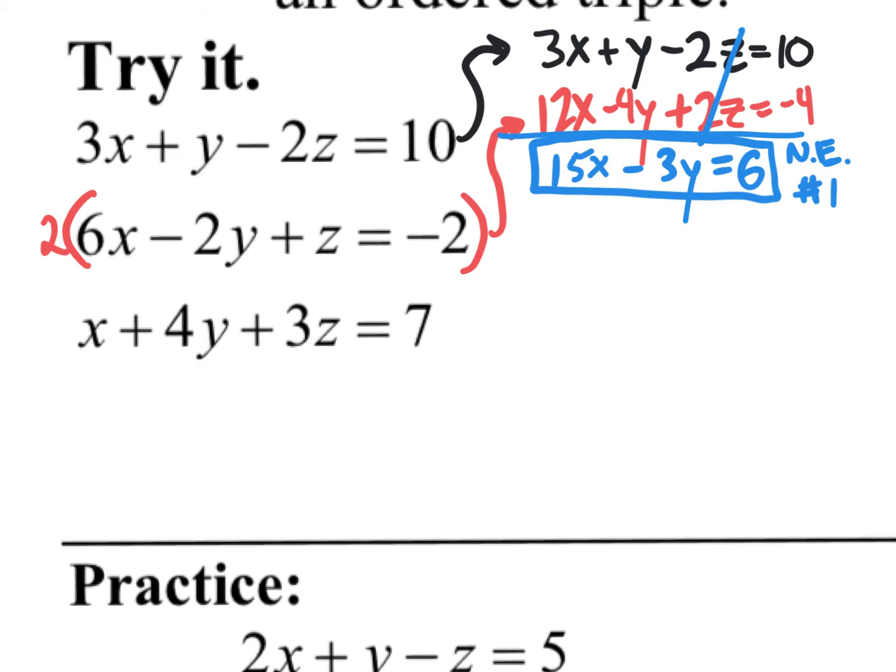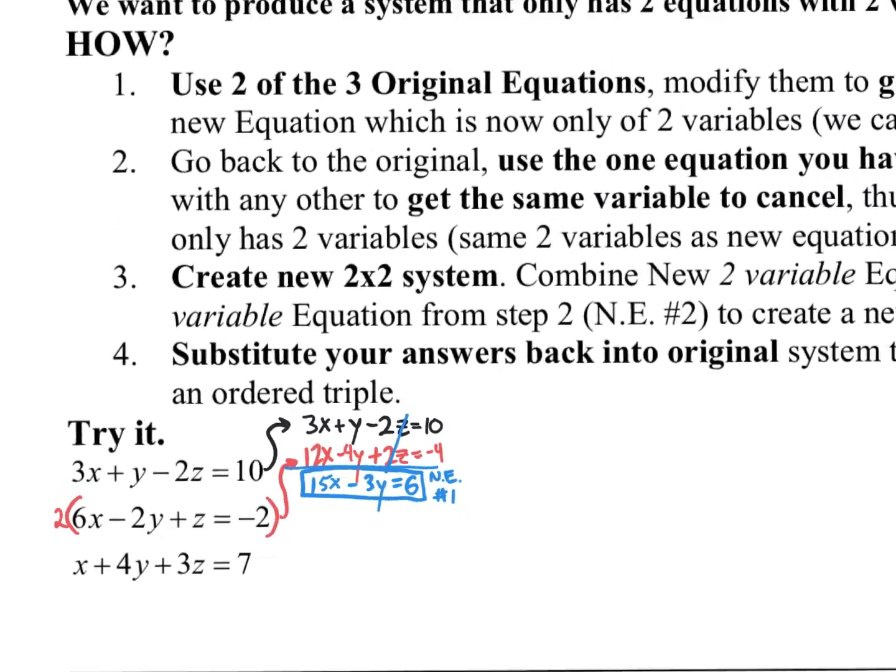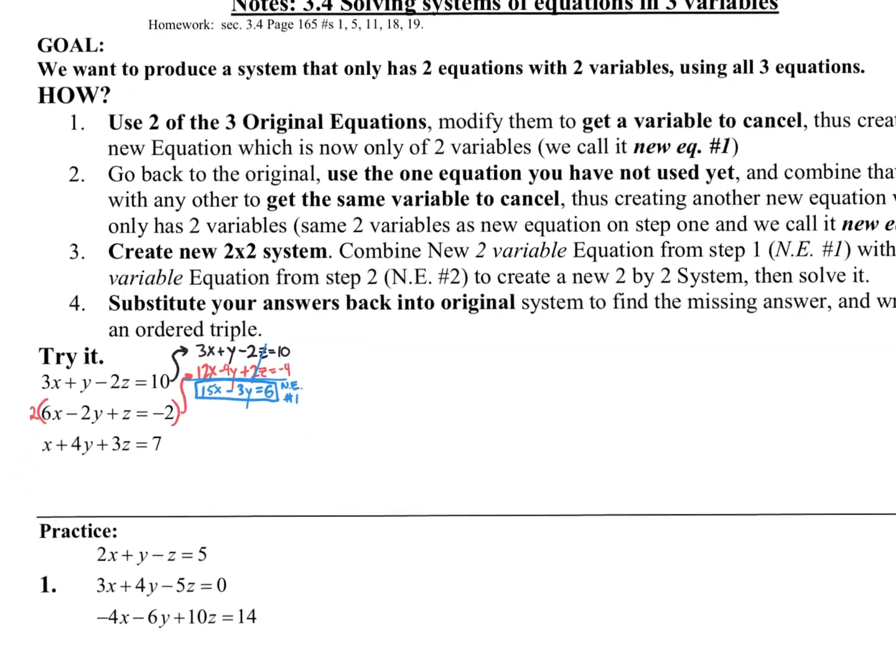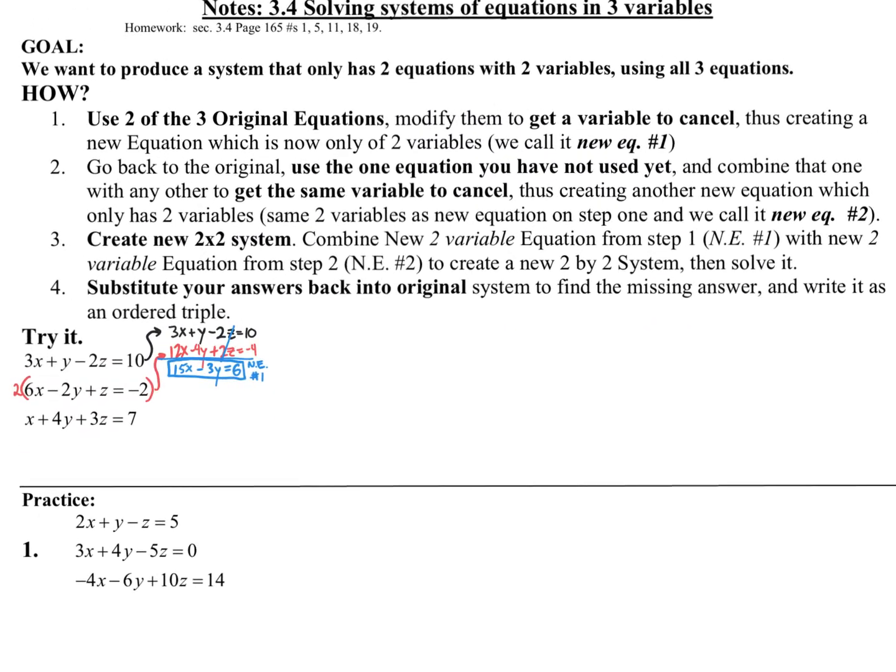Okay, let me go back and reiterate what we did. Let's read this step, and let's go back and show what we did. If you have a highlighter, you might want to use it right now. It says, number 1, use 2 of the 3 original equations. We decided to go with the first one and the second one. It does say modify it to get a variable to cancel. So what variable did we cancel? The z's.